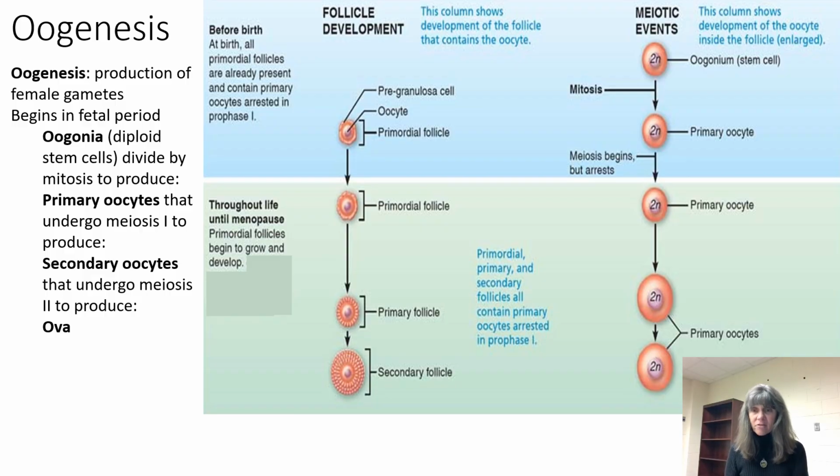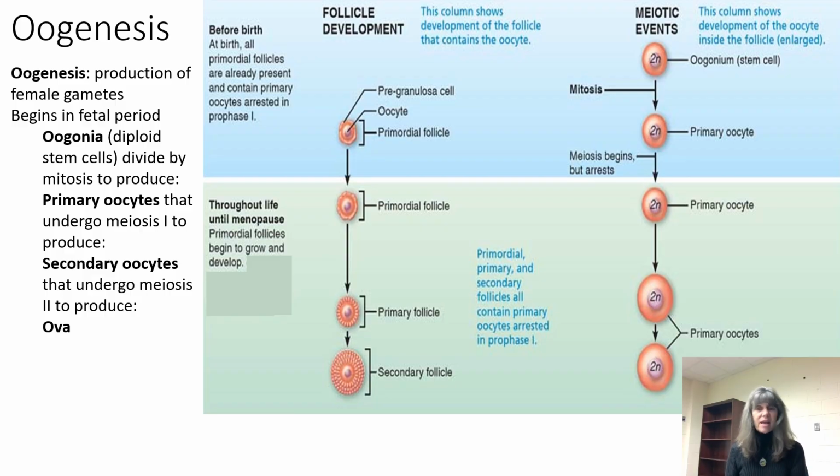So now we've got stratified cuboidal epithelium that make up what we call the secondary follicle. And when we've got those layers of cells in the secondary follicle, now we've gone from pregranulosa cells to granulosa cells.